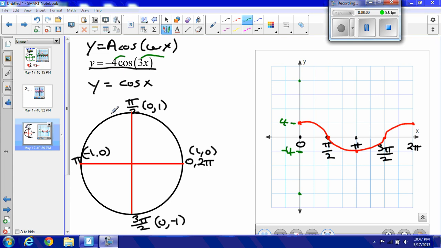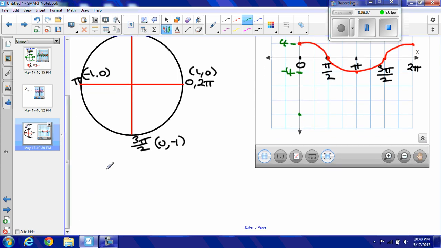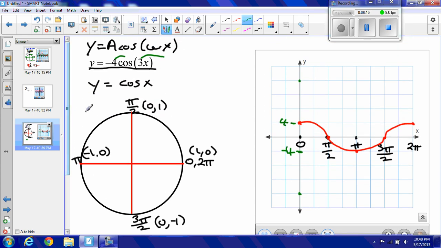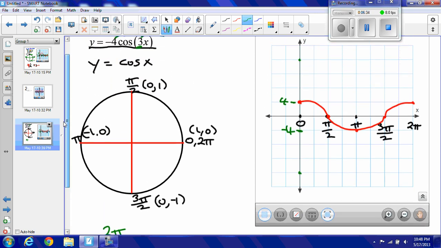The next thing I need to do is adjust the period of the graph. The period of the cosine function is 2 pi. And the way I adjust the period is I take 2 pi, the period of the parent, and divide it by omega, which is 3. So the period of my transformed function is going to be 2 pi over 3. Again, I could redraw the graph, but it's much easier just to change the axes.